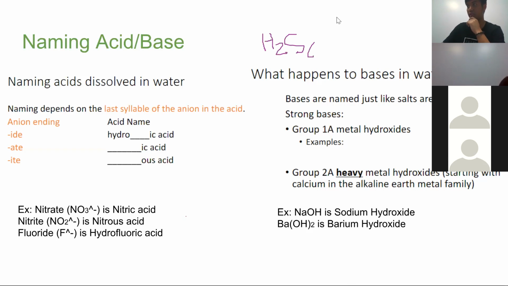If I put an AQ here, it's an acid. However, if I write H2S without the AQ, it'll be called hydrogen sulfide.